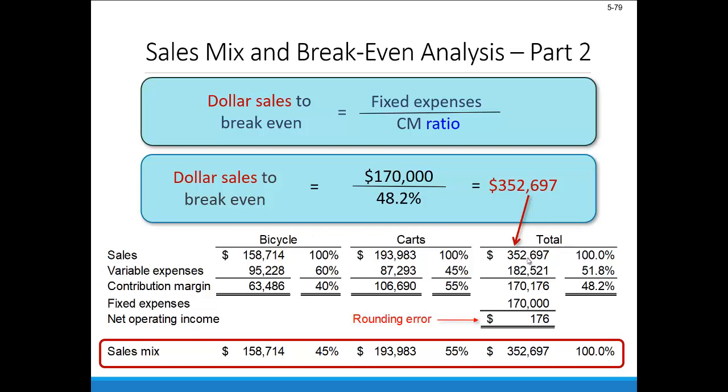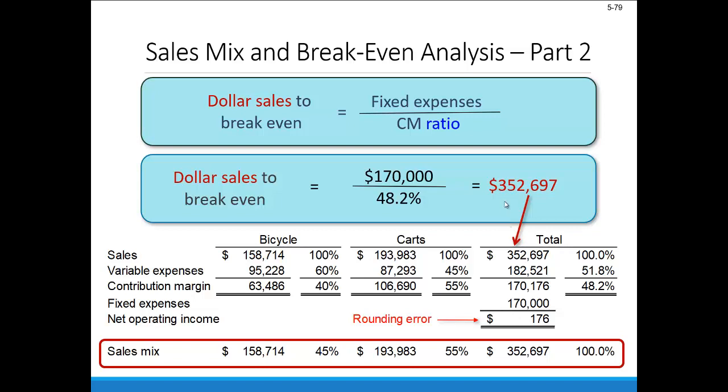And then what I've done below here is just prove that out, with some rounding error anyway. So company-wide sales of 352,697, if I multiply that by my 48.2% CM ratio, I'd get company-wide CM of 170,176, minus my fixed expenses of 170,000, and there's my break-even, at least with some rounding error.